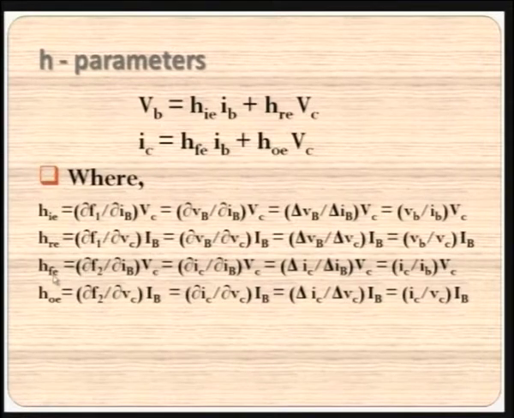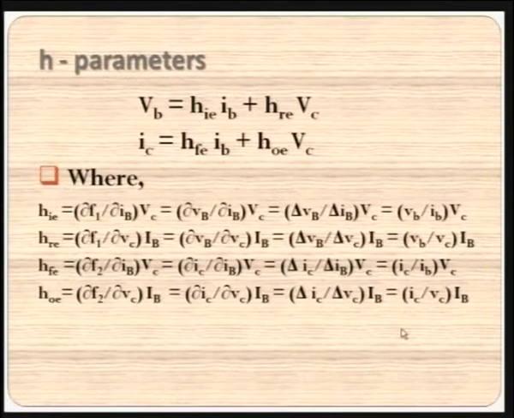So, it is called forward current gain, and this is the output impedance, which is IC divided by VC, but it is not directly taken as the impedance, it is the admittance, because we are getting the inverse of the impedance here. So, this HOE is called the output admittance.